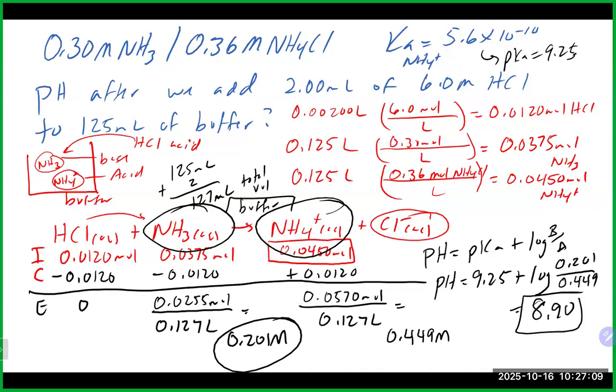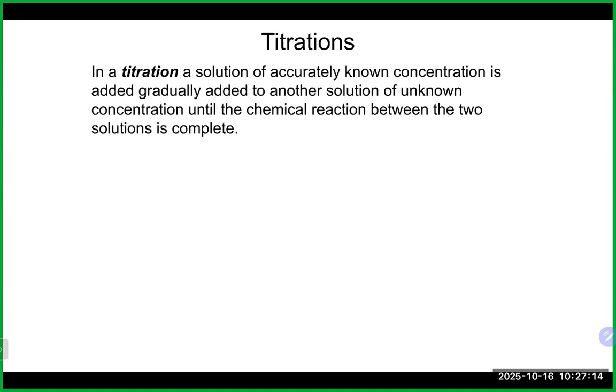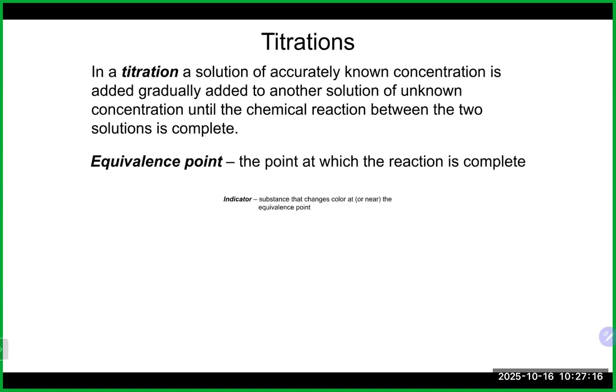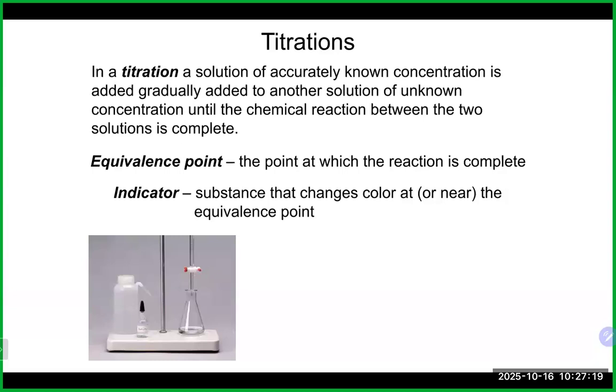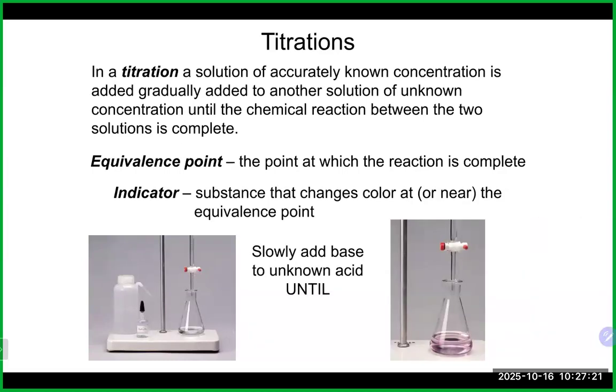All right, then I think we're going to get into everybody's favorite thing, which is titrations. We will do calculations as well, but we're going to talk first about titrations here. And titrations, as you may have done before, are really a process that we use when we have an unknown concentration of something and a known solution.